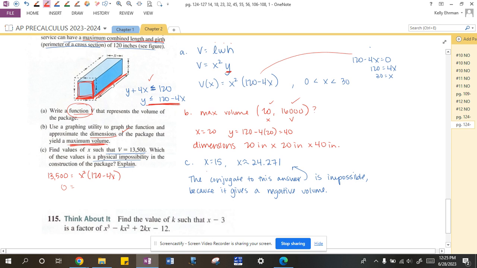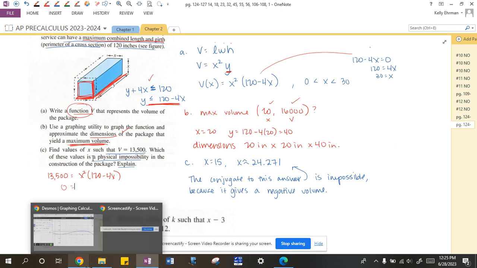After we divide out our 15, the quadratic formula gives you one answer, which is the conjugate of this one. Quadratic formula is like something plus or minus square root of blah, blah, blah. That answer gives you a volume that's negative, or another way to think of it is it's outside of the 0 to 30 domain. So that one kind of went above and beyond.